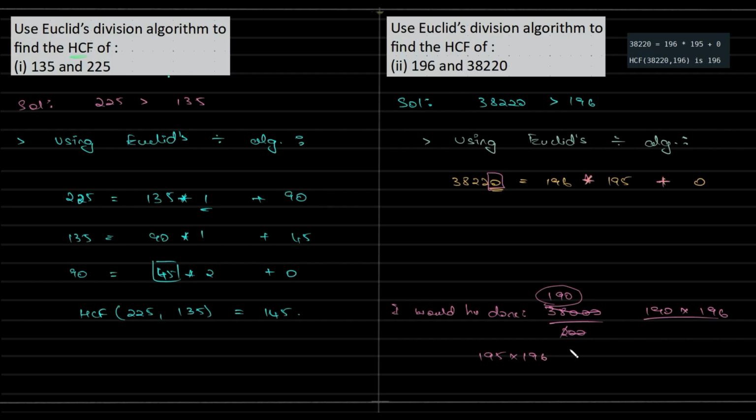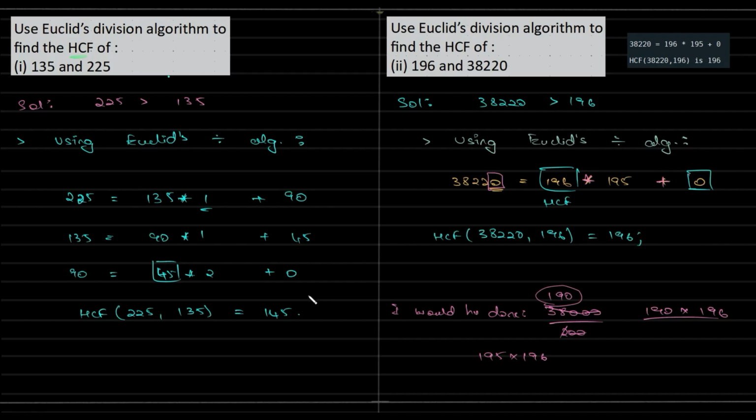So this is how you can make the division a bit simpler and find a quotient which is closer to the actual quotient. So coming back to the answer, we have the 0, and thus the divisor 196 is your HCF. So HCF between 38220 and 196 is 196 itself.